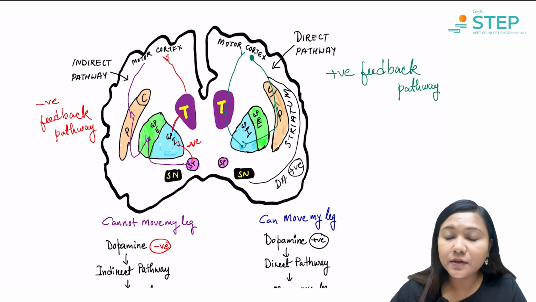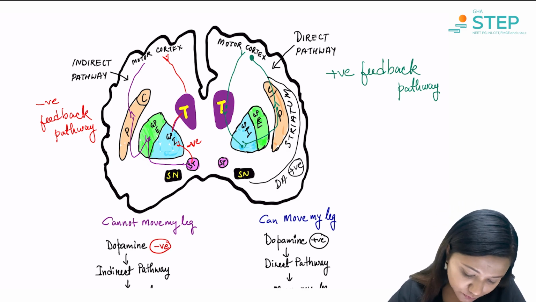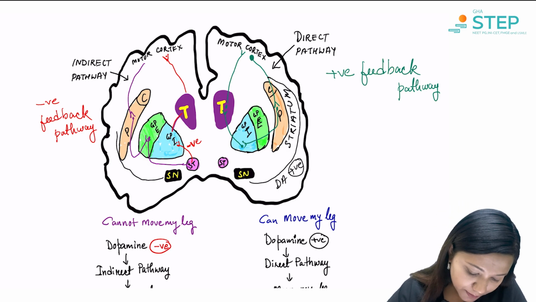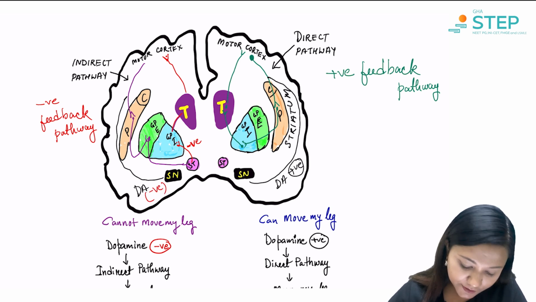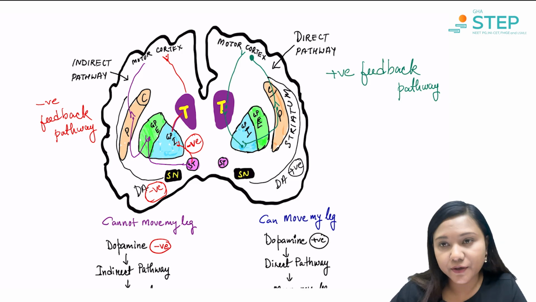So for the initiation of the movement, the dopamine will again send a signal to this initial signal coming from the motor cortex, but the dopamine will give the negative signal. Now you know that here we already have negative and dopamine is again sending negative, so negative is positive, so ultimately the movement will occur.